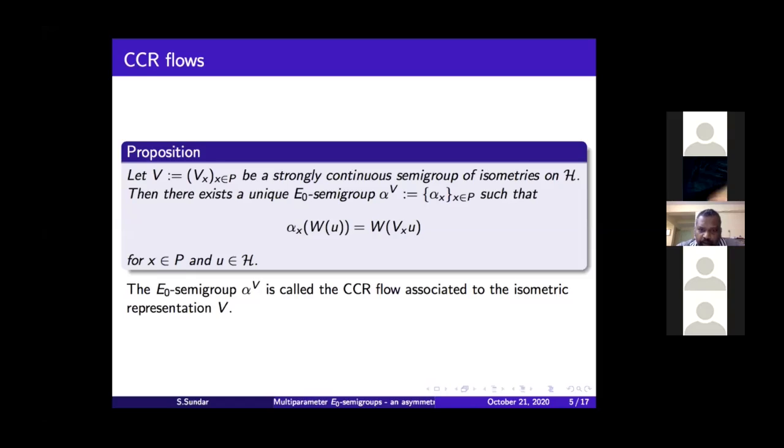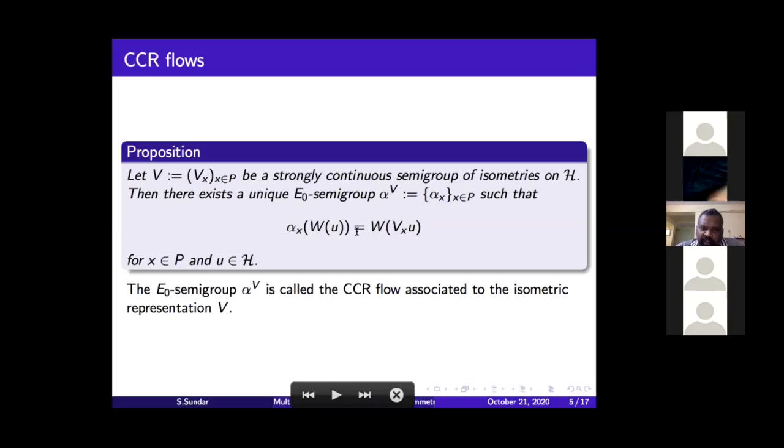Then there is a unique E0 semigroup on the bounded operators on Γ(H), on the symmetric Fock space of H, whose action on the Weyl operators is: alpha_x of W of u is W of V_x u.